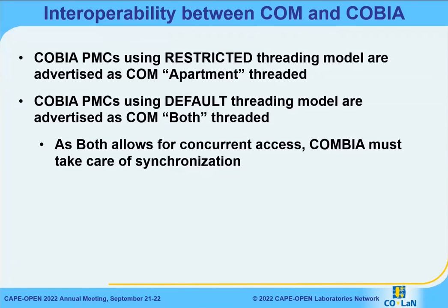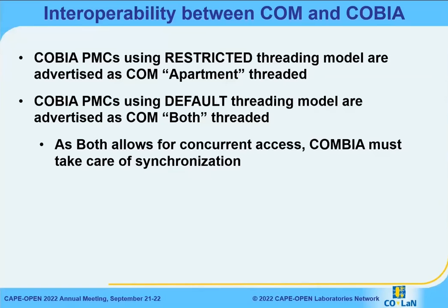If a COBIA PMC is using the default threading model, it is advertised as both, which means that the scenario that I sketched earlier on with the single threaded different incompatible threading model scenarios is automatically solved because it is capable of running now in the same main PMC thread. So this is one of the solutions of the problem stated earlier.